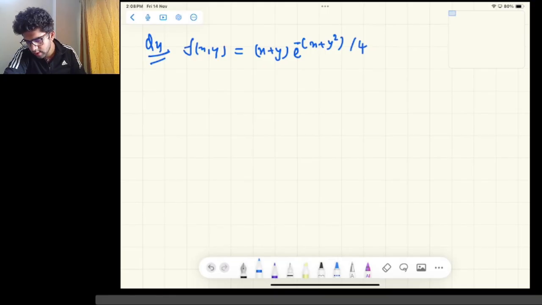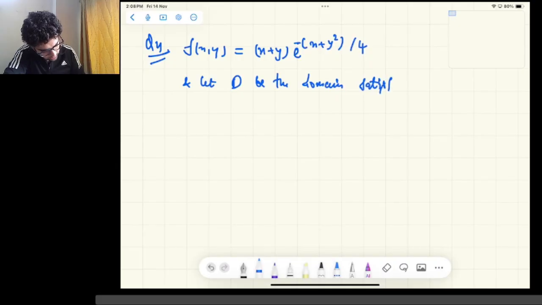So we are given the domain D as the points satisfying this.